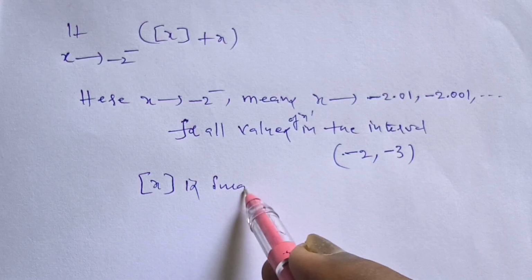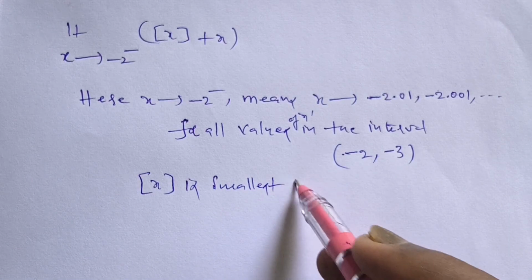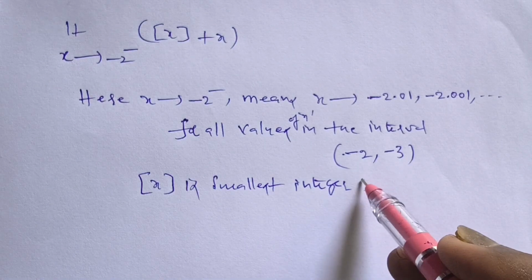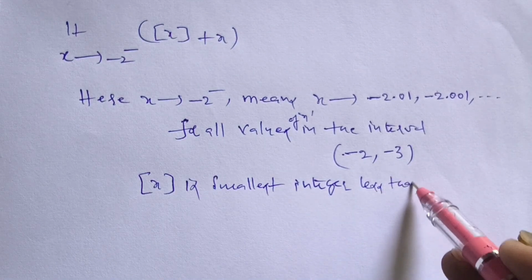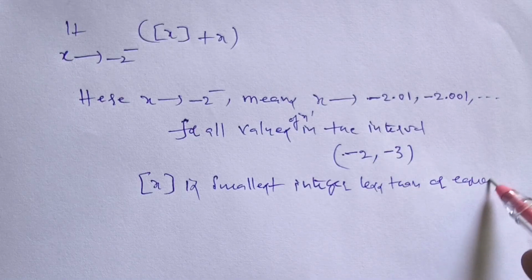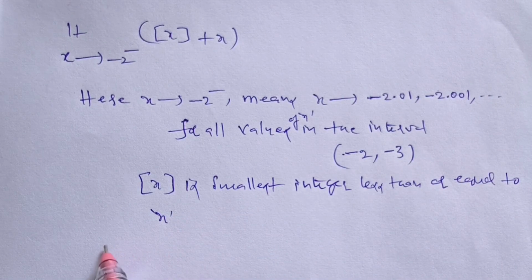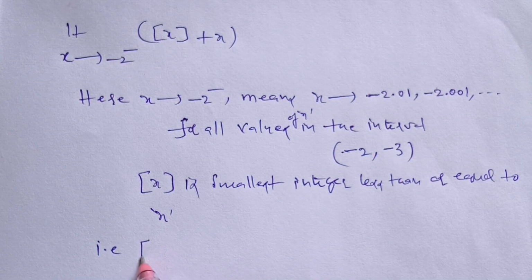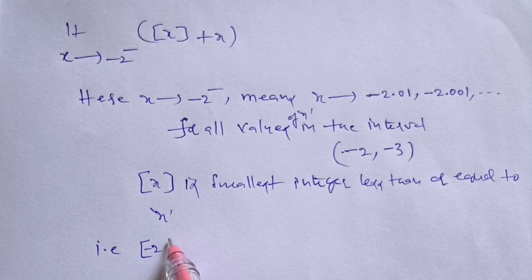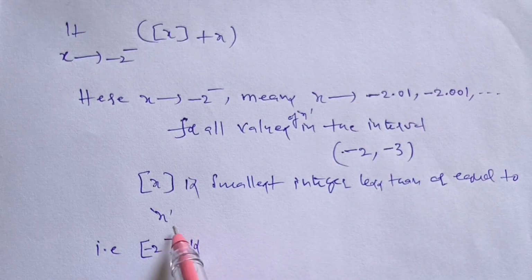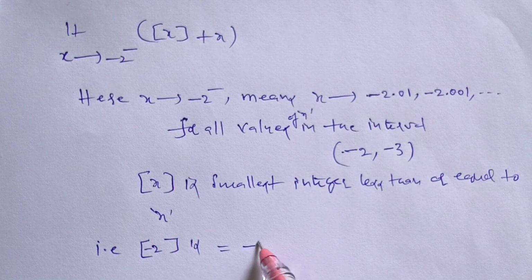Okay, for minus 2.01, minus 2.001 and so on, what is the integer part of the given values here?